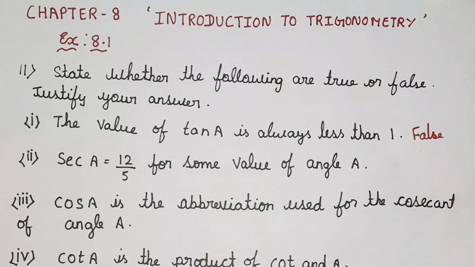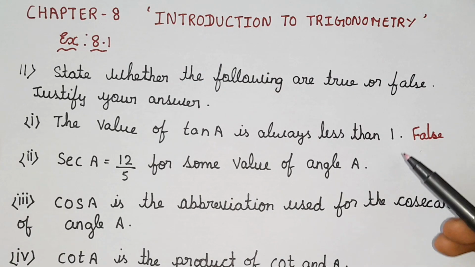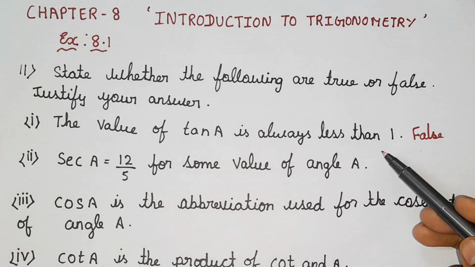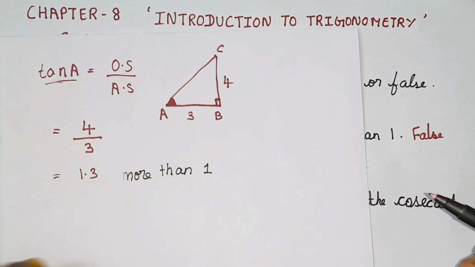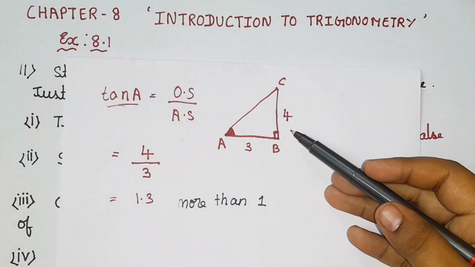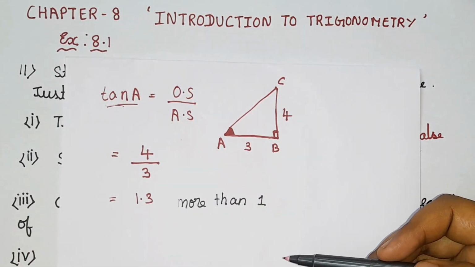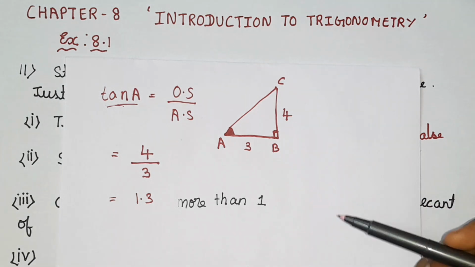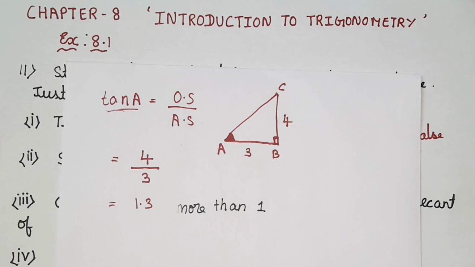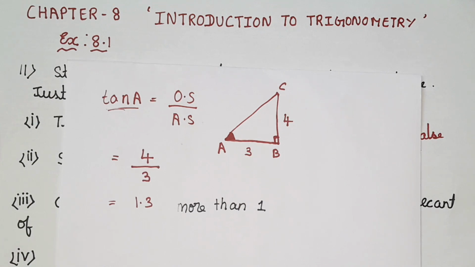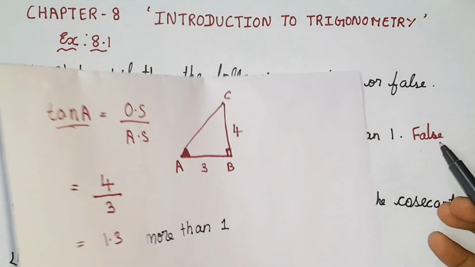Sometimes we might get a value that is more than 1. I substituted random values and got a value that is more than 1. So it is not necessary that the tan A value has to be less than 1. That's why I wrote false.